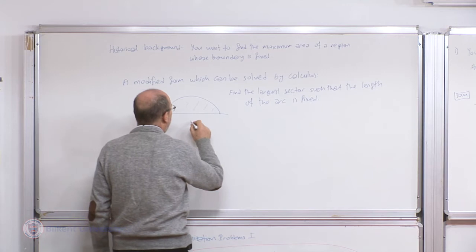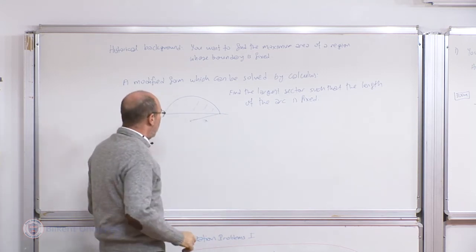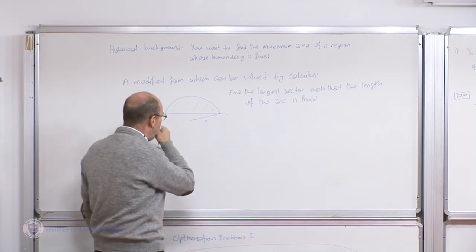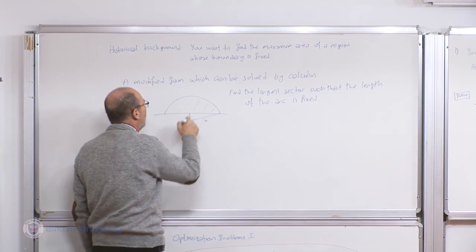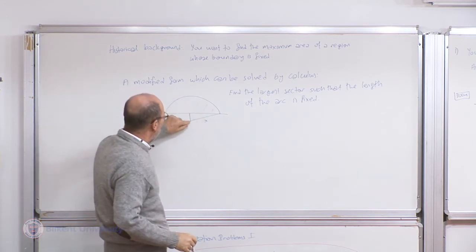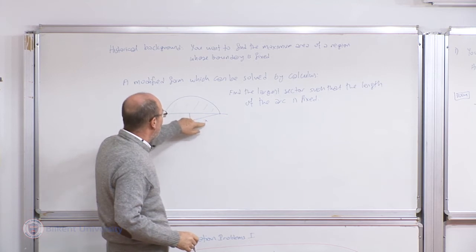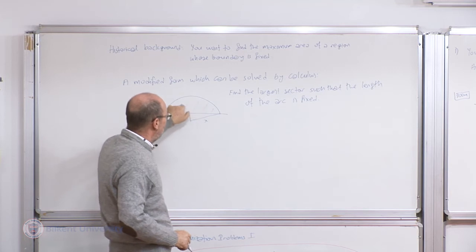So actually here you are trying to call this your x. And of course you have to find this direction. So here you want to find the best radius and best position for the center so that this area will be larger.